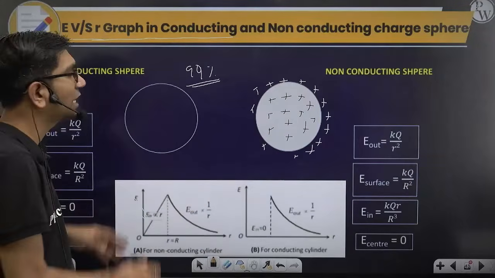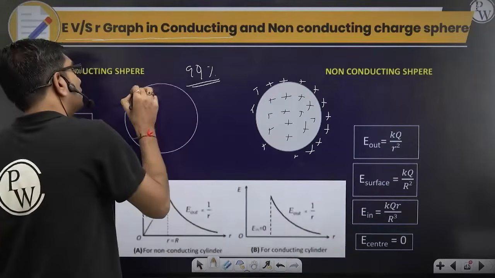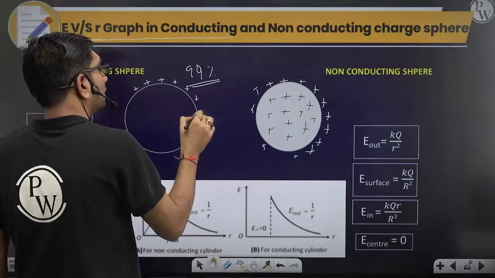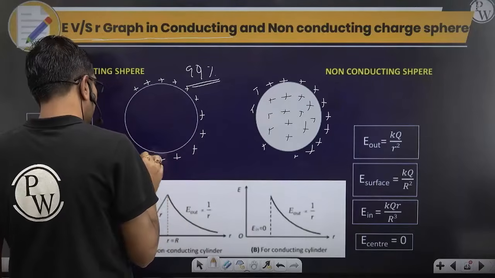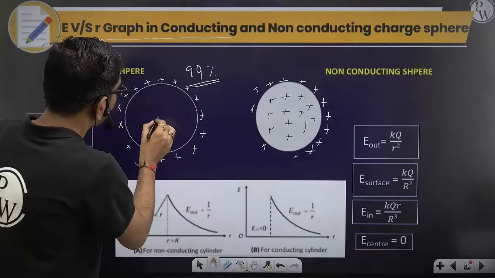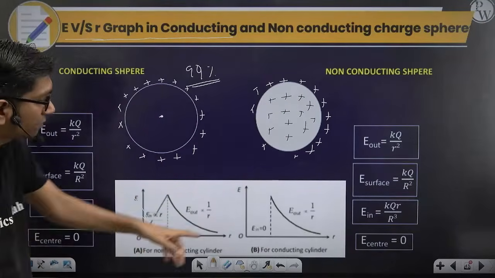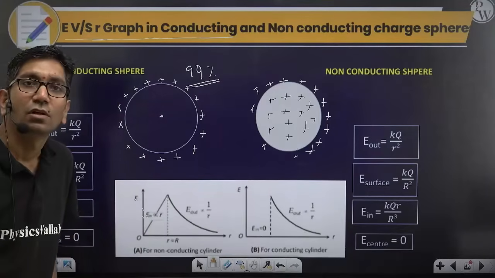Here there is no charge inside, no electric field intensity. No charge, no electric field. Now at the center, electric field intensity is what?